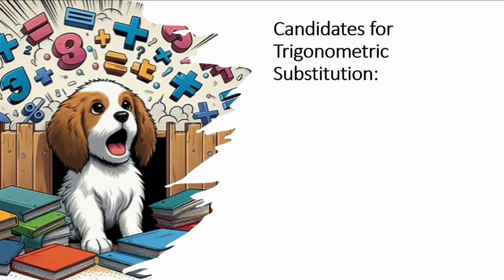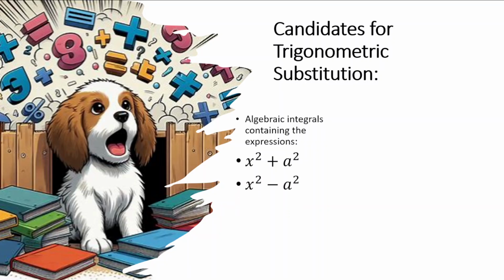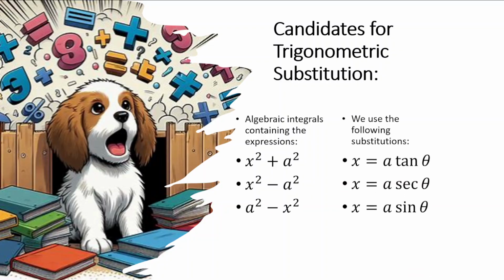Now, when it comes to using trigonometric substitution, there are three main expressions that we look for: x squared plus a squared, x squared minus a squared, and a squared minus x squared.